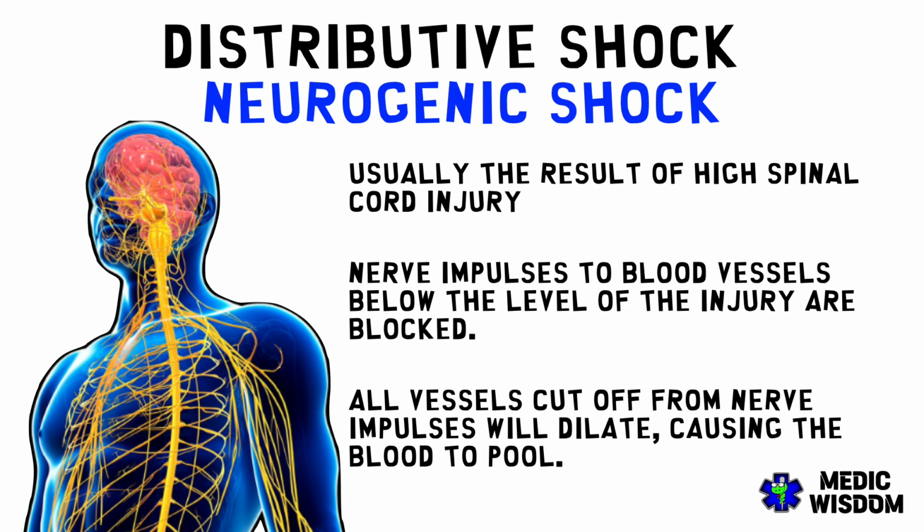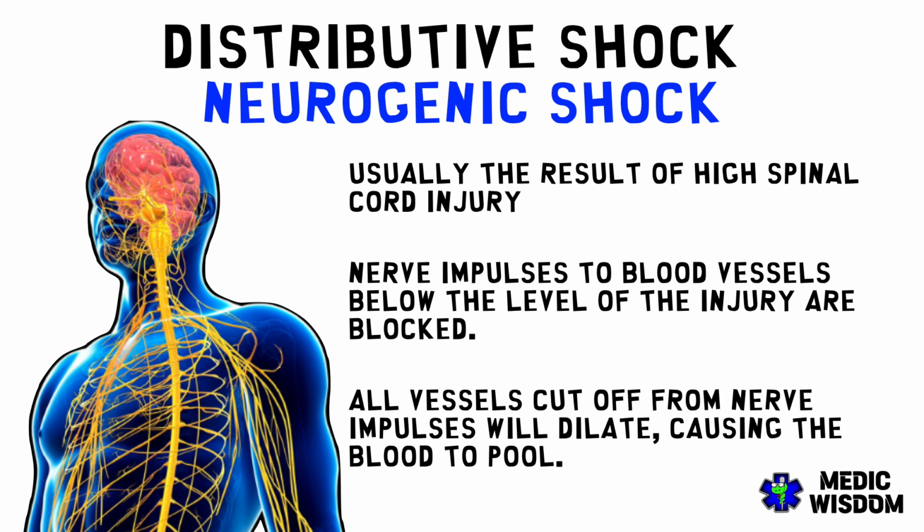And then neurogenic shock. Neurogenic shock is when our blood vessels can't work anymore. They can't constrict or dilate because there was an injury to the spinal cord. So back to you cheating on your girl or a girl cheating on her man, and they get mad and they cut you in the back and sever your spinal cord.